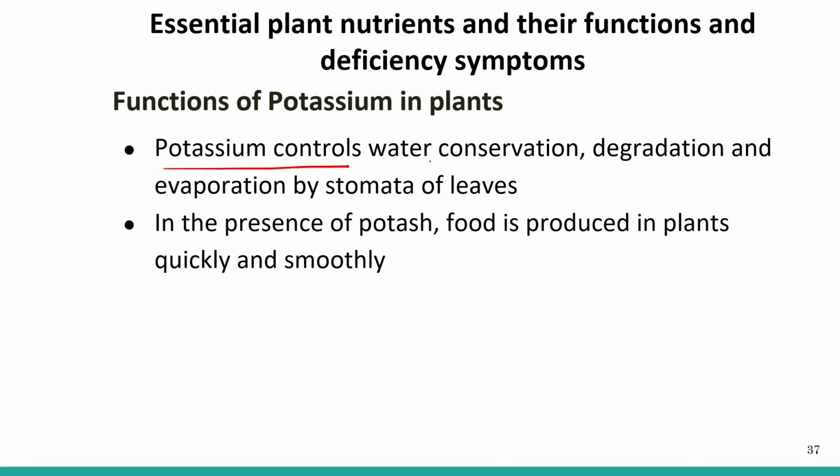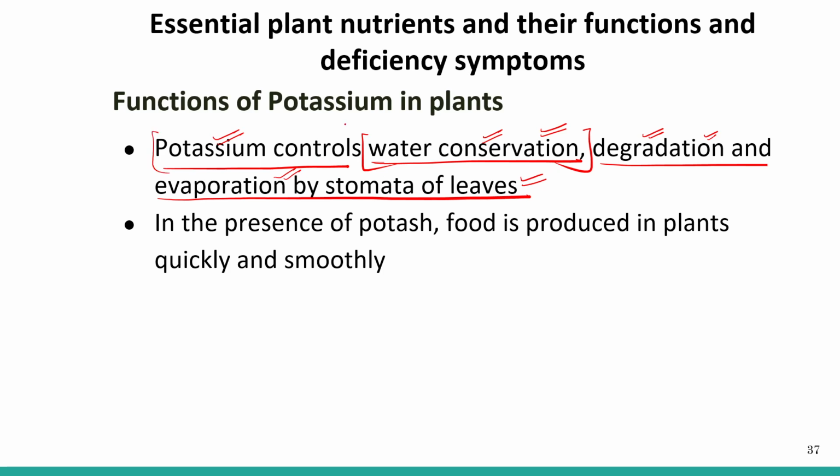Potassium controls water conservation, and that is one of the very important functions. It controls degradation and evaporation by the stomata of the leaves. The stomata of the leaves get closed if an adequate amount of potassium is present, and it conserves water.